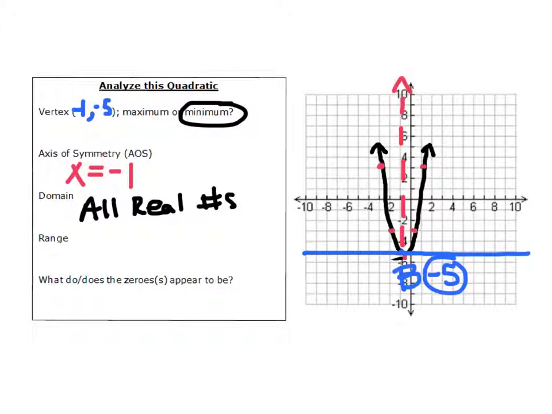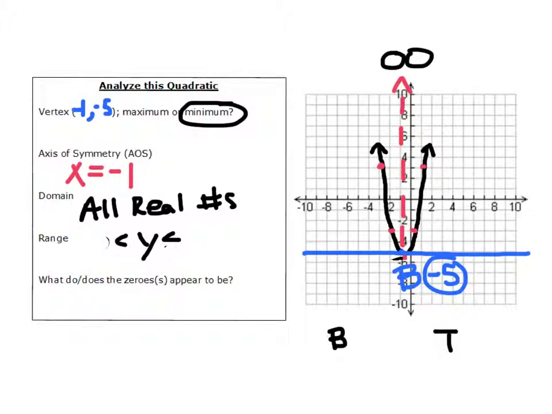So I know my range goes to positive infinity. So positive infinity is less than y, which is less than or equal to, oh, sorry, I wrote that backwards. Can anyone figure out the mistake? What should I have begin with? Remember, we have to start from the bottom and then go to the top. So let me rewrite that.